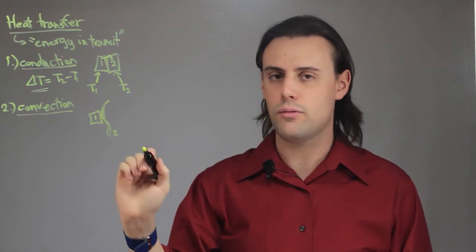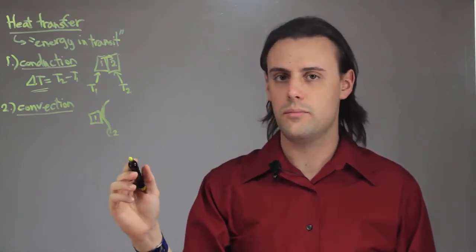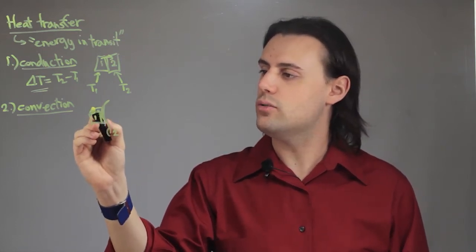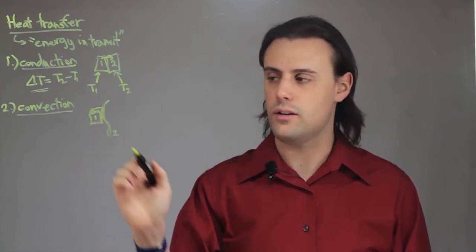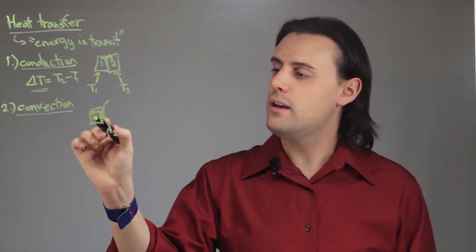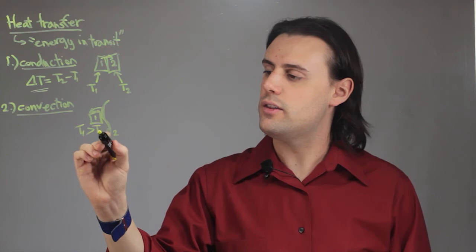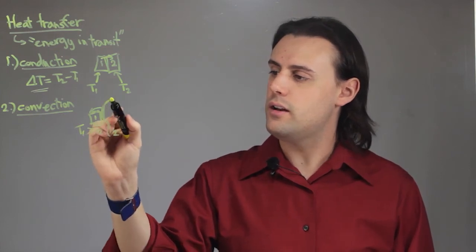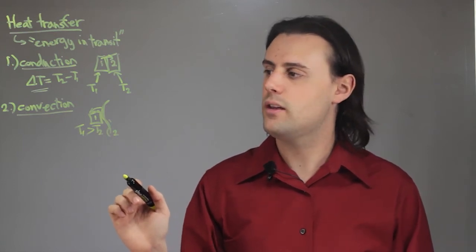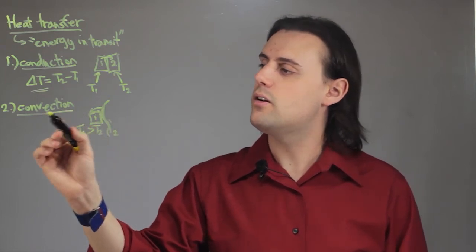So here, this fluid, the average kinetic energy of all the particles can be very hot, and that can transfer energy into this slab of solid material. Or if the temperature T1 is greater than the temperature of the fluid, then the fluid will carry away the excess heat energy. The point is, there's still contact being made here, but we call this convection.